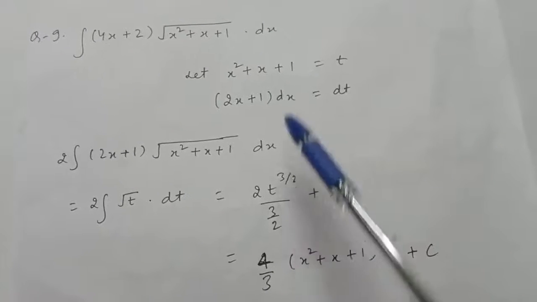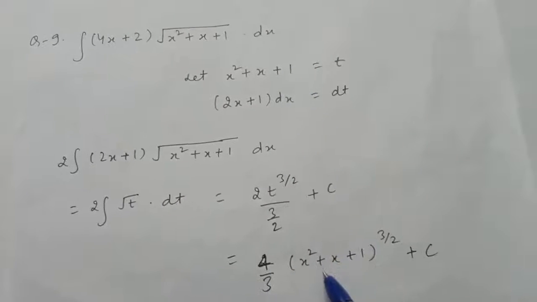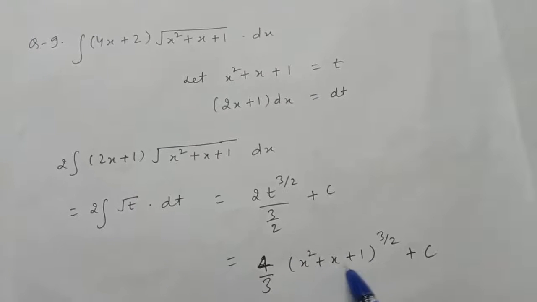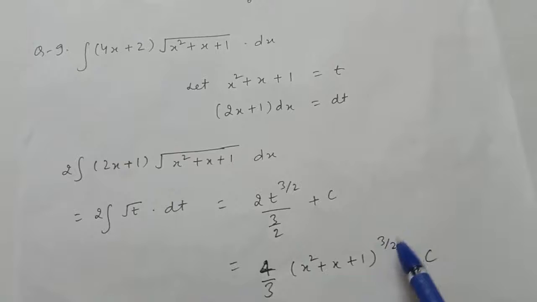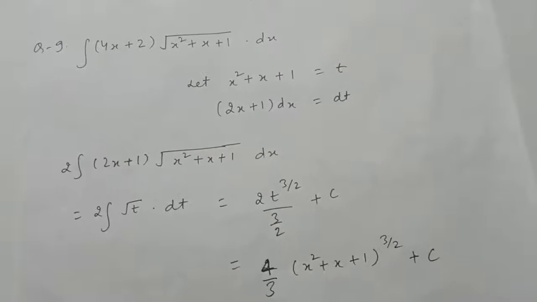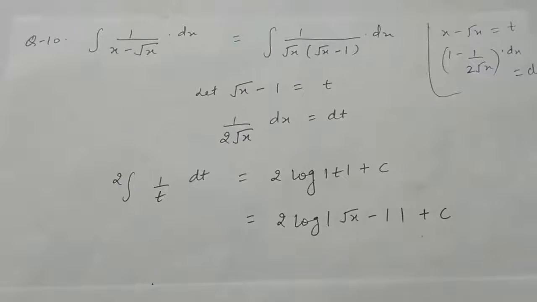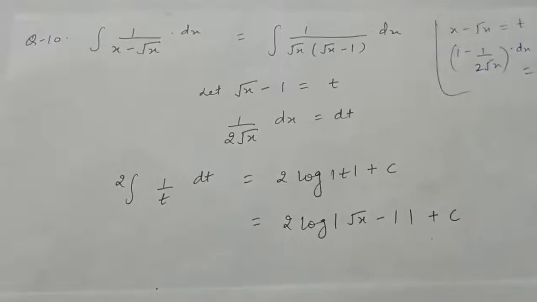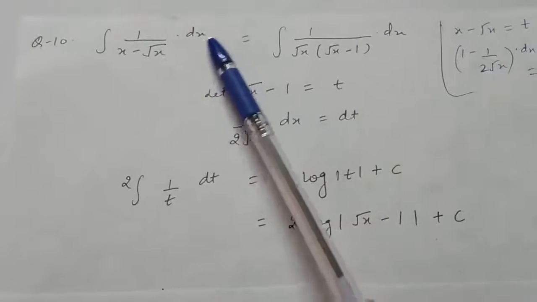Now in place of t, substitute the value again. So you will get 4 by 3 (x square plus x plus 1) whole raised to the power 3 by 2 plus c.